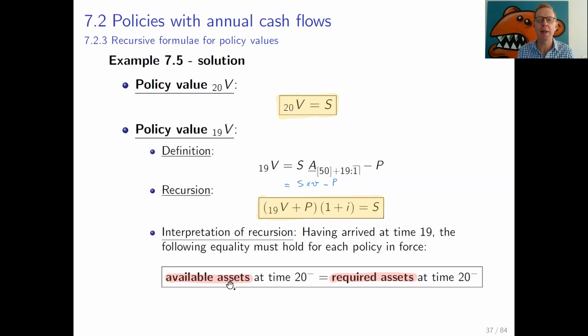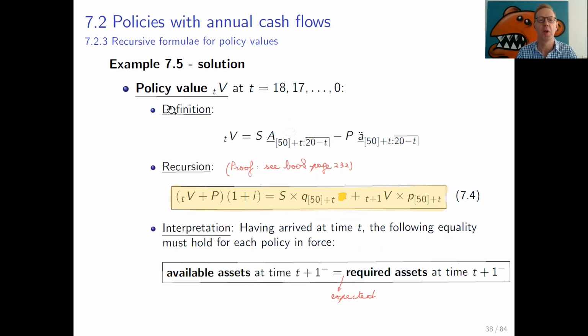What are now the required assets at time 20 minus? Well, at time 20 minus, we need a payment of S. So again, this recursion between the policy value at time 19 and the policy value at time 20 is an equality between the available assets at time 20 minus and the required assets.